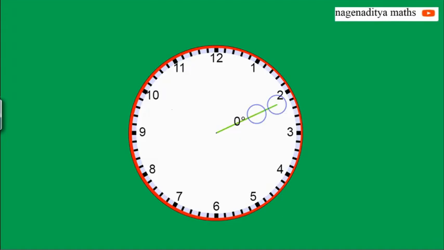Before doing this problem, let us observe the angle made by the two hands, hour hand and minute hand. I just drag the minute hand and the angle shows 105 degrees. So we have to do the problem now.